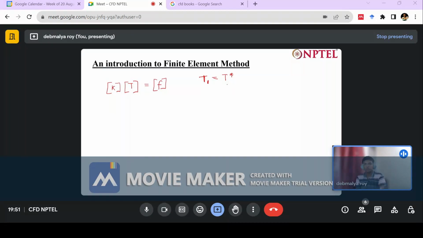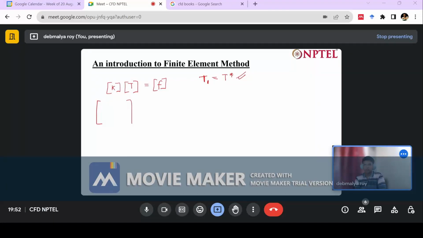I can simply substitute one of the equations from this set of n equations with this, hoping that the other equations are solvable, and I can implement this boundary condition using that method.